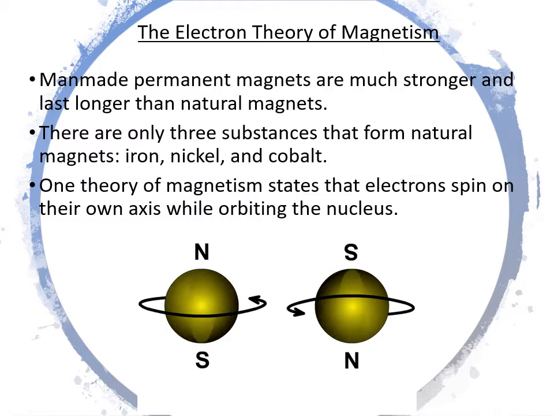We think that materials get their magnetic properties from electrons spinning on their axes, much the same as planet Earth spins on its axis to give us day and night.